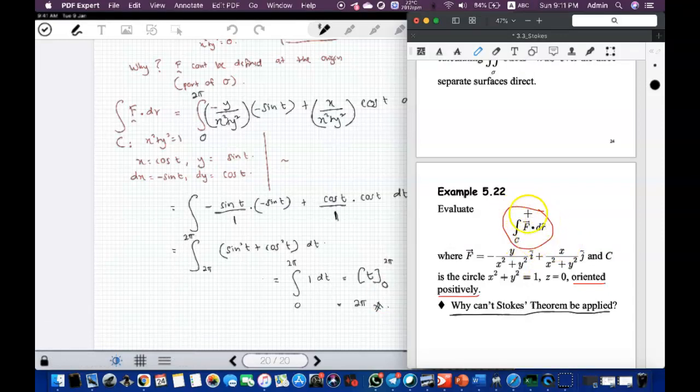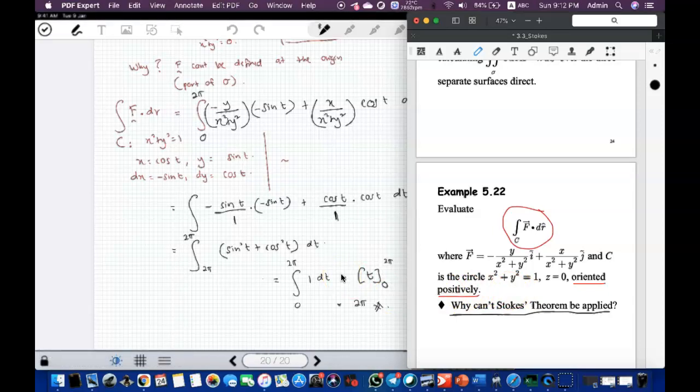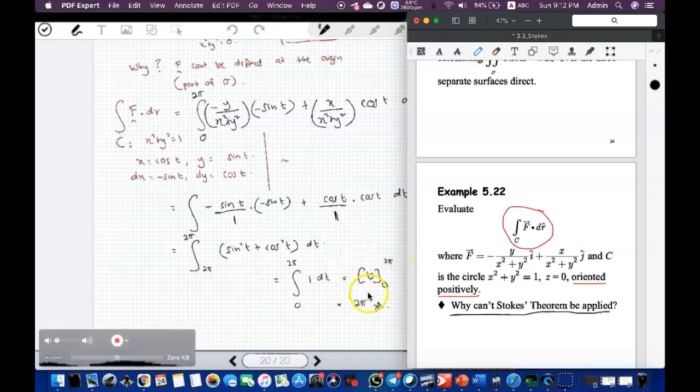Okay, so this is the result of the line integral if C is a closed curve like this, computed without using Green's or Stokes' theorem, because if you use Stokes' or Green's theorem, the answer will be different. So what is the answer if you use that? The answer will be 0, which is not the same as when you calculate directly without using any theorem.